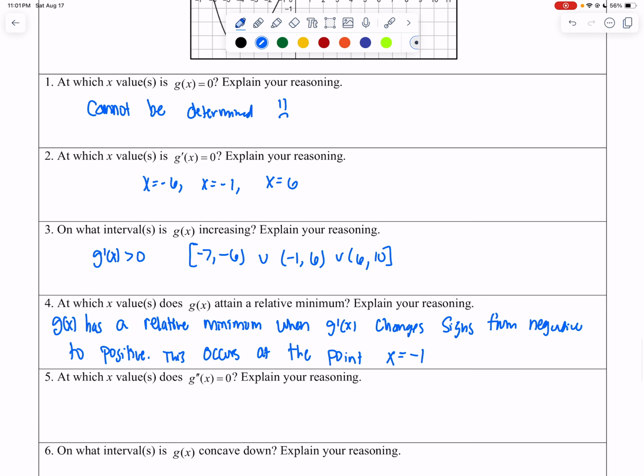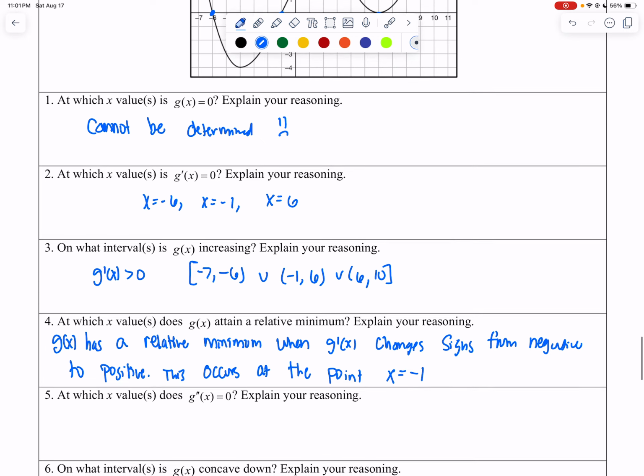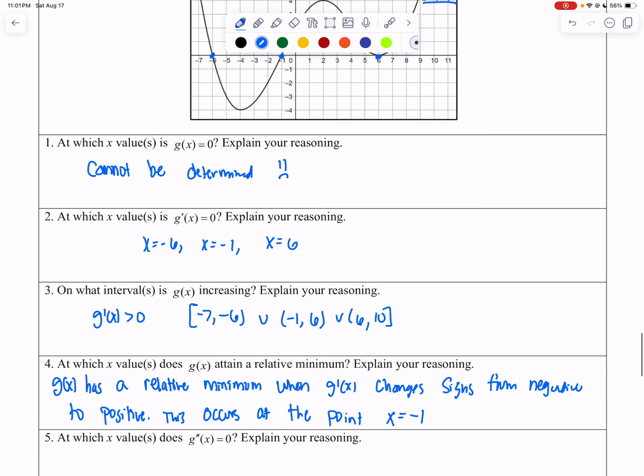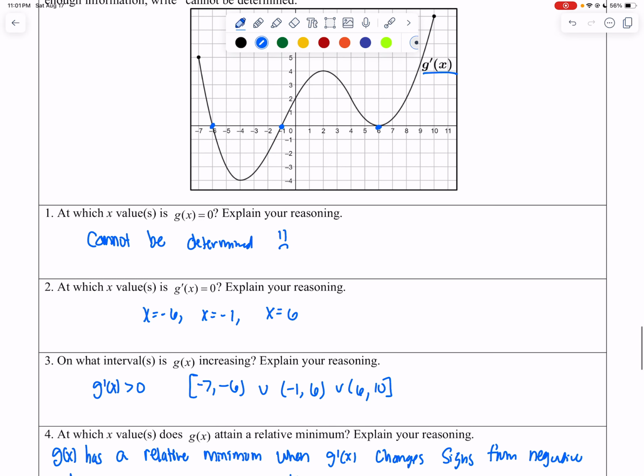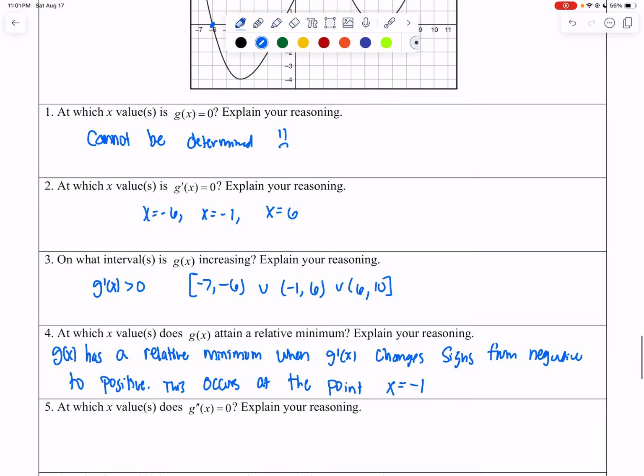5 says, at which values does g double prime of x equal 0? So once again, we're going to be looking at our horizontal tangent lines. That is going to be -4, 2, and 6.